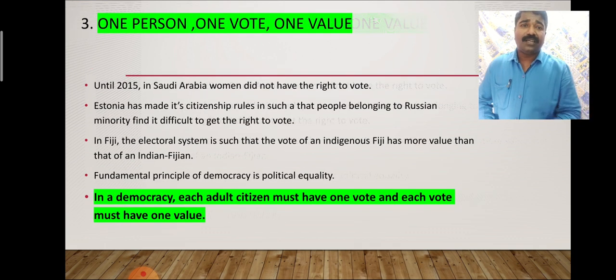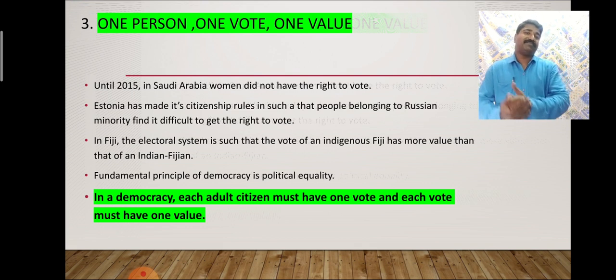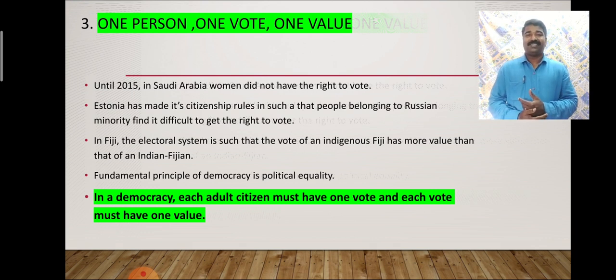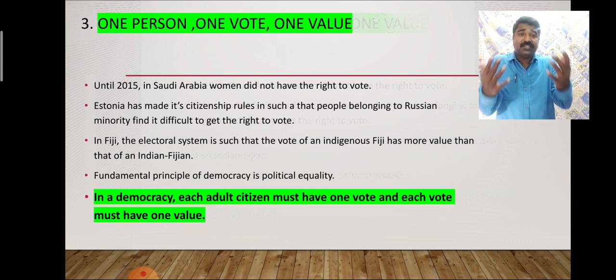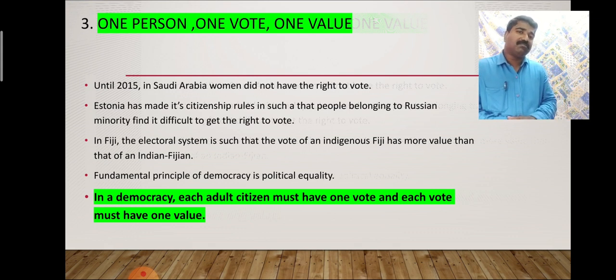Next, one person, one vote, one value. Until 2015, in Saudi Arabia, women did not have the right to vote. Estonia has made its citizenship rules in such a way that people belonging to the Russian minority find it difficult to get the right to vote.